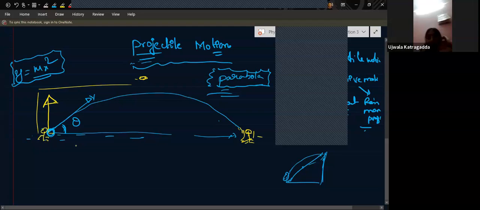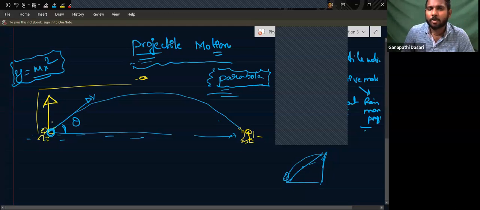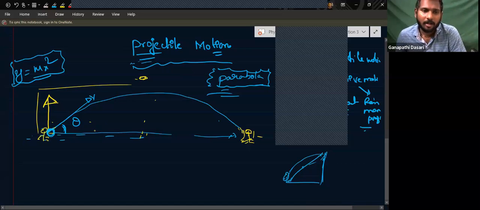Yes, sir. Here we will study at what angle he should throw so that it will have the maximum range, at what angle he should throw so that it will have a maximum height, what is the velocity that he should throw, in how much time it will reach Mahendra Singh Dhoni's gloves. All these kinds of questions can be solved if you know this projectile motion, isn't it?